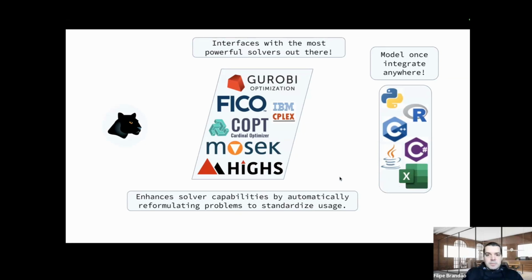You may have your data there and solve your problems, or, as done most commonly these days, integrate with Python, where you have your data in Python, you have your model in AMPL, load the model, load the data, solve with one of these solvers, and then you retrieve the solution back into Python so that you can visualize the solution, analyze the results, and so on.